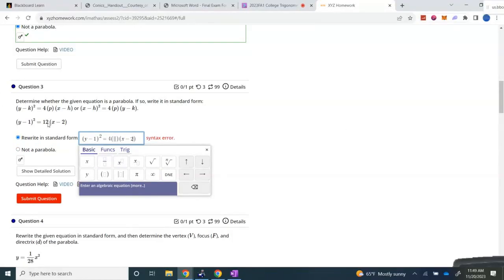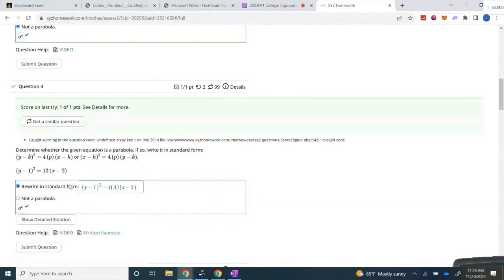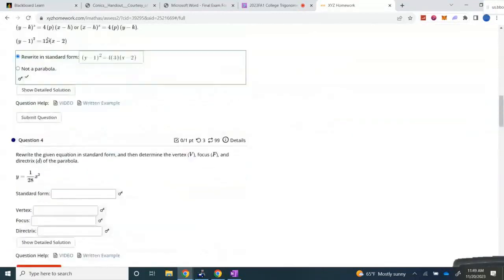So 4 times what is going to give us 12? 3, right? So that would be 4 times 3 times x minus 2. So they specifically want that standard form written out as 4 times some value. So that's the only thing you have to do for number 3.